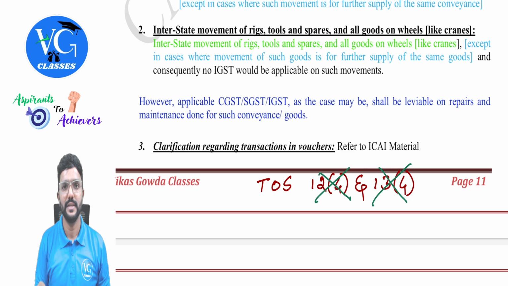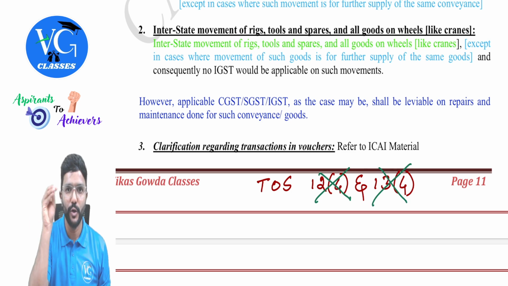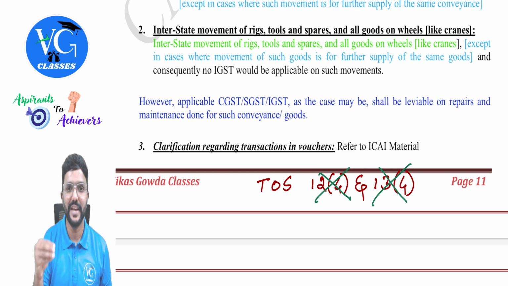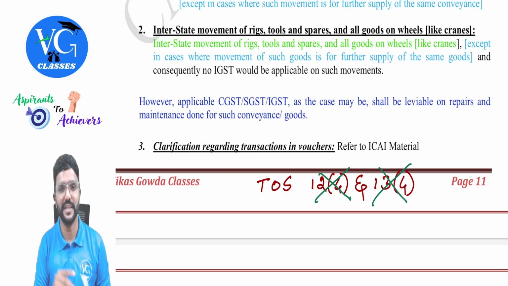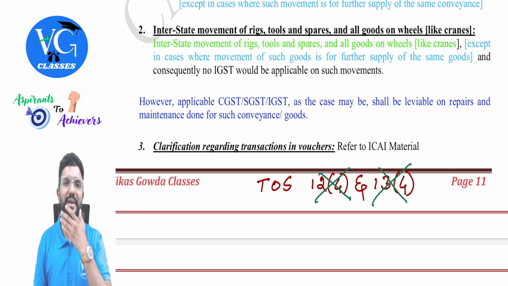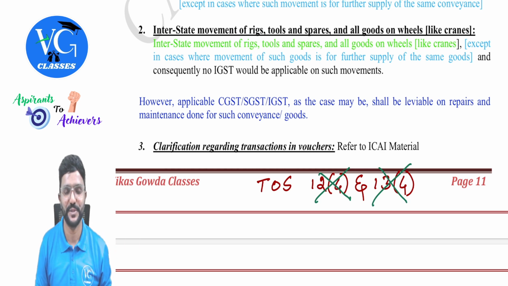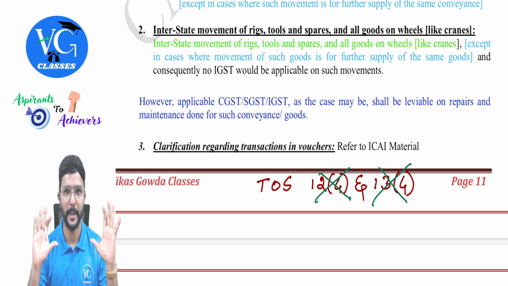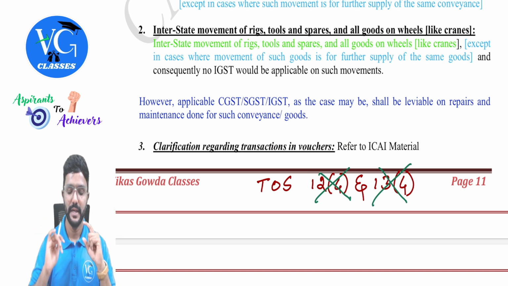For example, sir, I have a card for which I will load the balance and I will use that card to buy various goods or services. In that case, guys, as we are adding balance to it and then using it, it is considered as money. And money is neither goods nor services. Got it? So transactions in vouchers is not a supply, guys. Very simple.